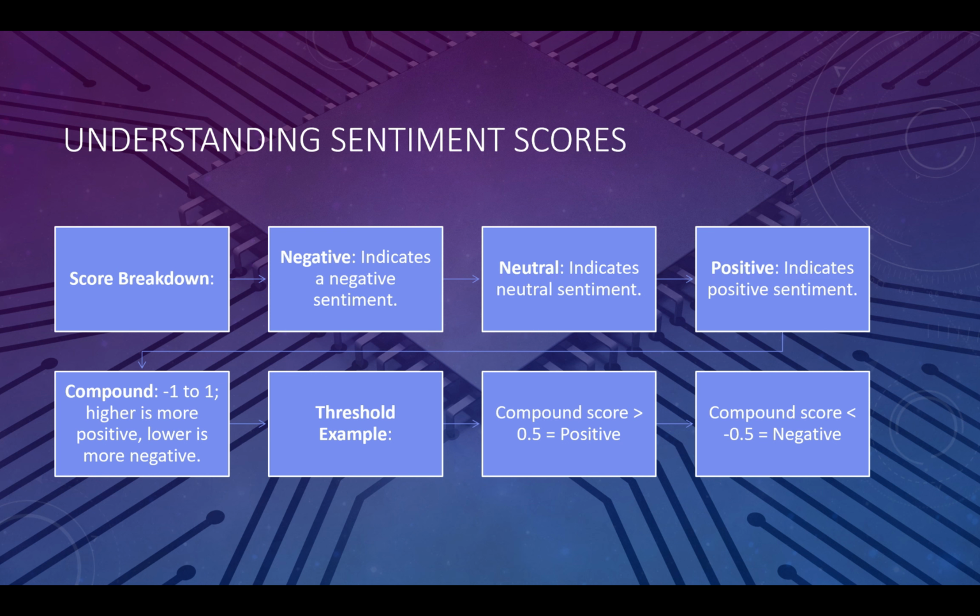Understanding the sentiment scores. The compound score is a useful measure that ranges from -1 to 1. A value closer to 1 represents a positive sentiment, and a value closer to -1 indicates a negative sentiment.